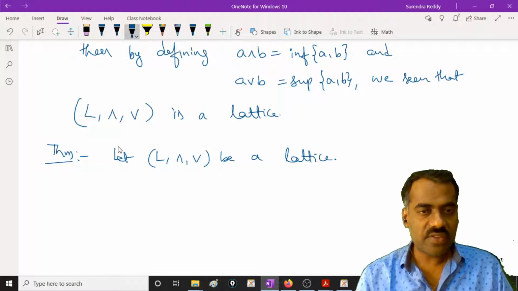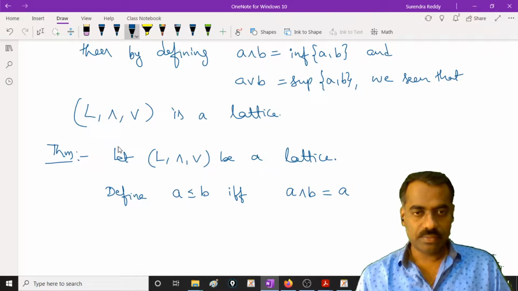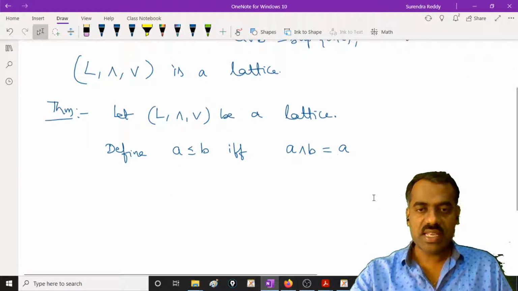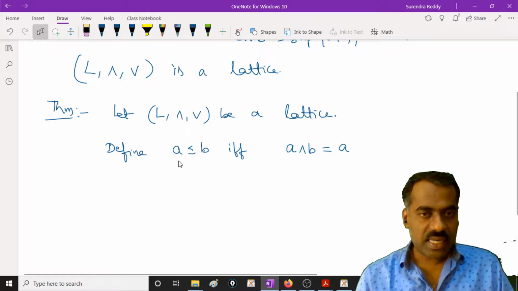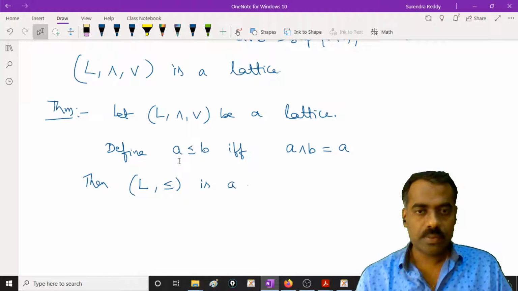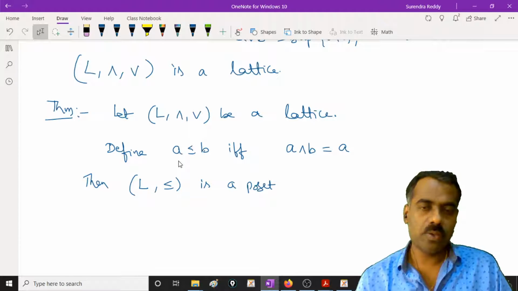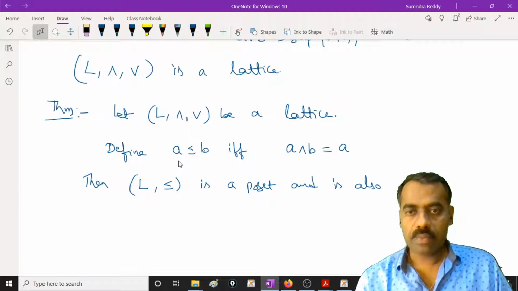For that we define A is less than or equal to B if and only if A meet B is equal to A. So we define a relation: whenever A meet B is A, then A is less than or equal to B. With this relation, the result is that L together with this relation is a poset, and not only a poset, but also a lattice.